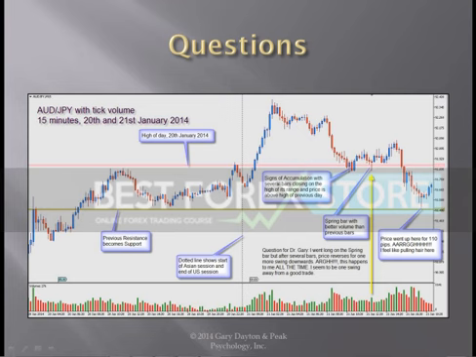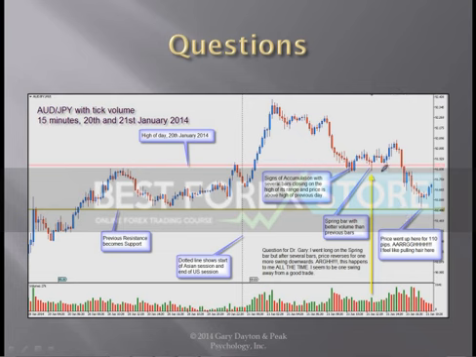So she says, I went long on the spring bar, and she's got a yellow marker here. But after several bars, price reverses for one more swing down. This happens all the time. Well, okay.